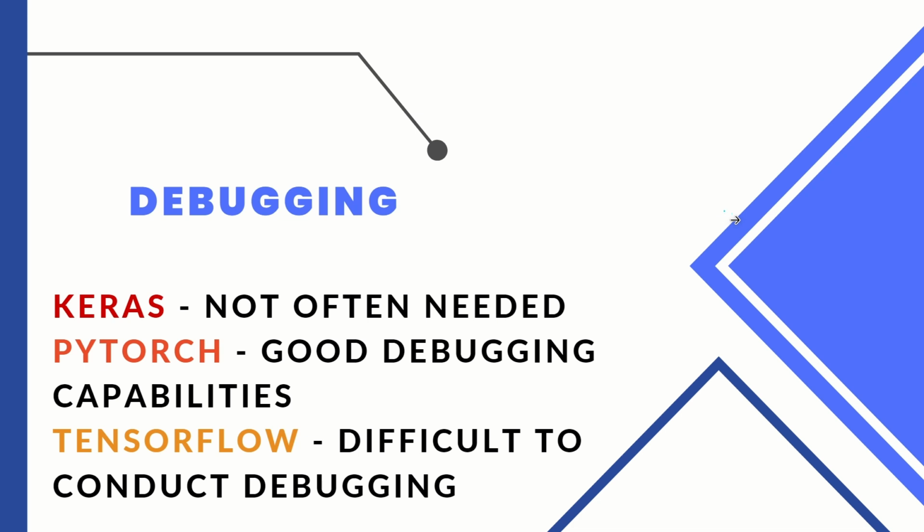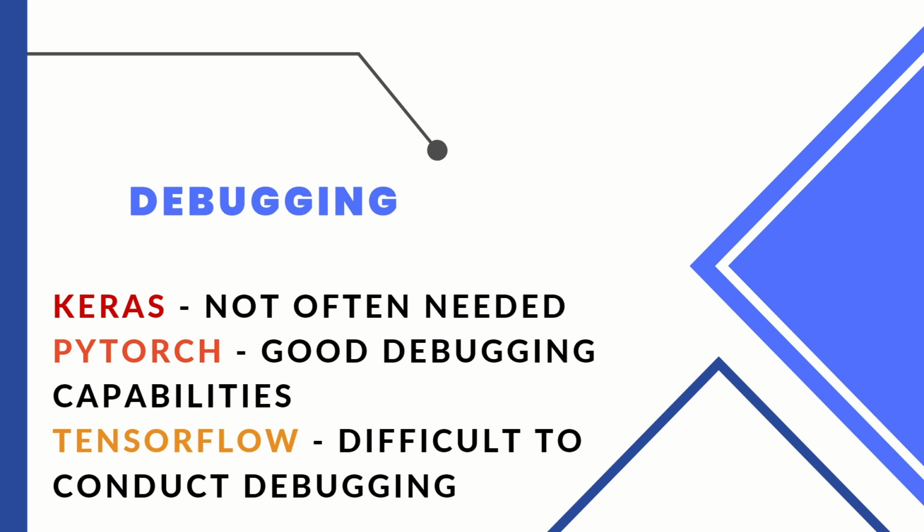Debugging. Now, we all know what debugging is, when you are trying to remove the errors and trying to test certain functionalities of any software. And when you find an error, you basically want to remove it. So that is the process of debugging. So in Keras, debugging is not often needed.